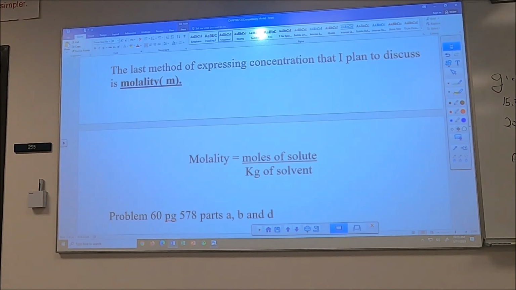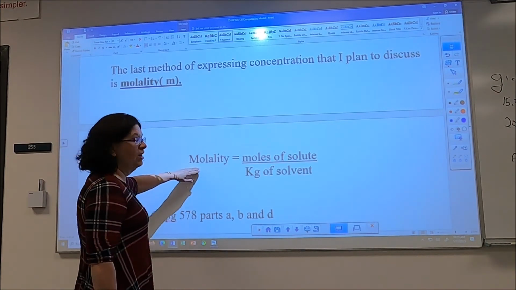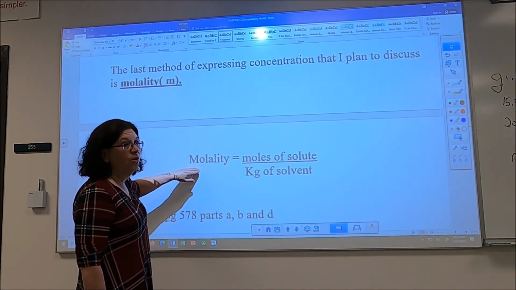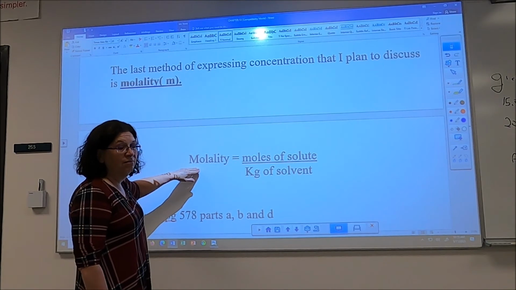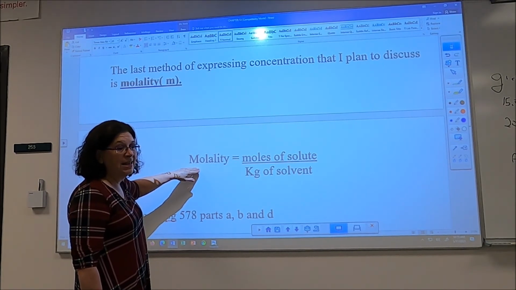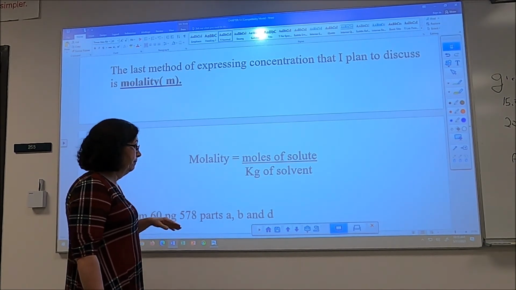Molality, which is moles of solute over kilograms of solvent, moles of solute, mass of solvent, doesn't change with temperature. So molality for a solution is the same whether you're at 70 degrees C or you're at 20 degrees C.